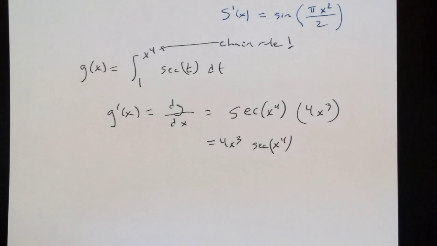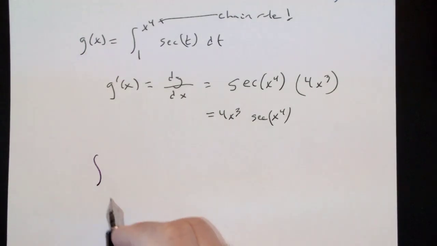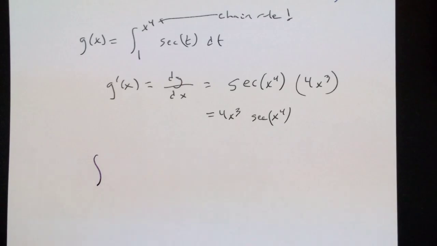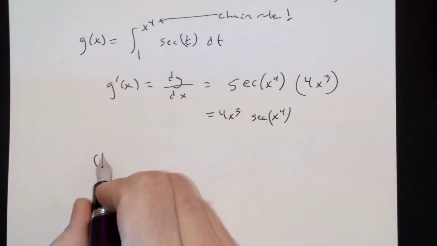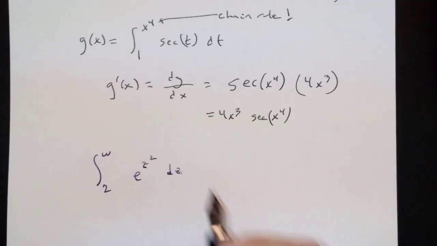Remember, my letters are fungible. I can change them. I could do a function like this. Let's see. We were just looking at the integral from 2 to x of e to the t squared, right? Okay, I'm going to do the integral from 2 to w of e to the z squared dz.